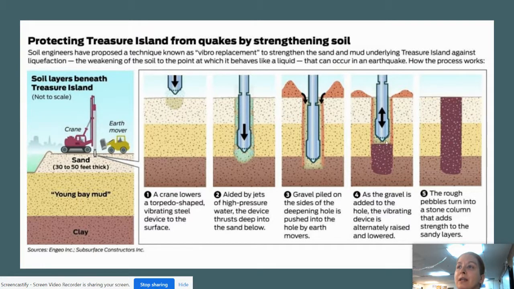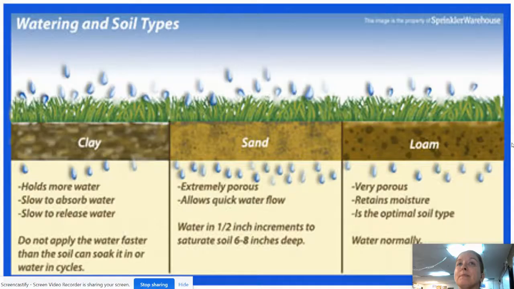They dump gravel in and bash it down, and they essentially turn it into a stone column. And this stone column is going to help support all of this. So in the event of an earthquake, it's not going to liquefy and go away. It will stay where it's supposed to. So it's really neat what people have come up with to prevent problems.